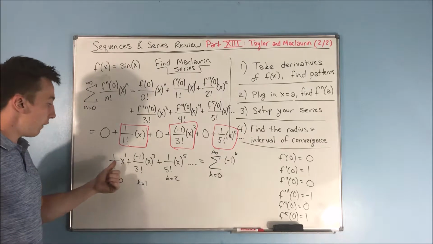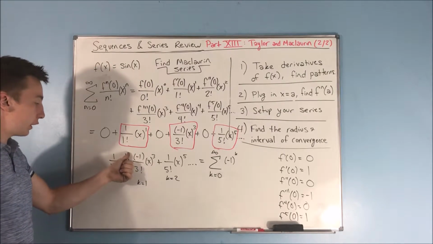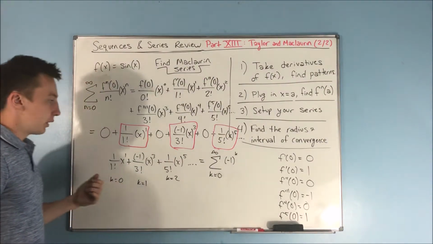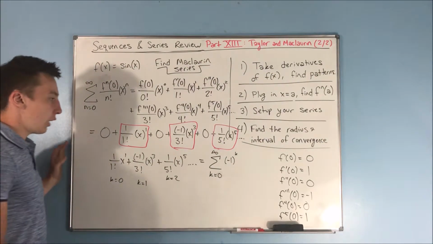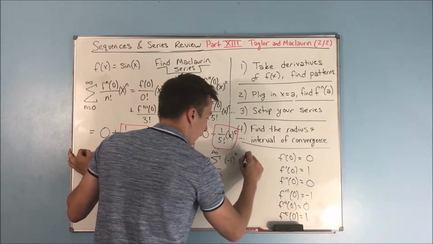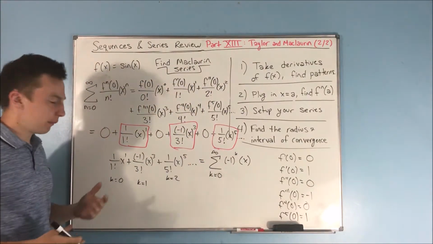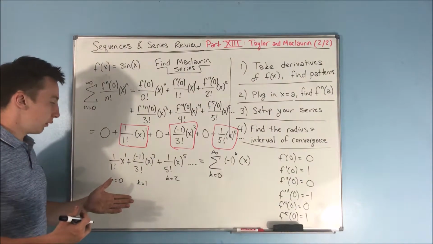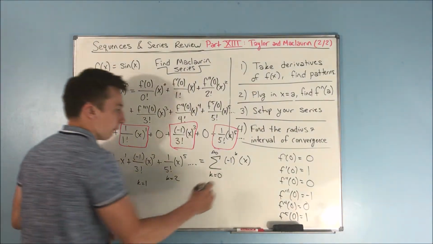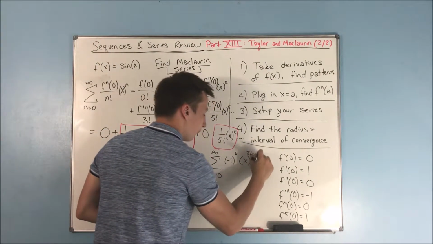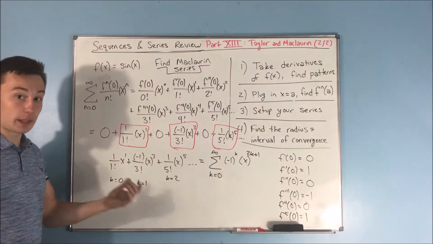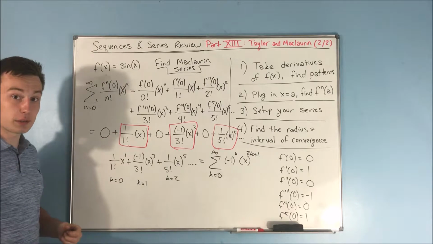Next, we have x to the first power, x to the third power, x to the fifth power. How do we represent that? We can have an x here, but to what power? What we could say is 2k plus 1. With k equals 0, 2 times 0 plus 1 is 1, that gives us the first power.